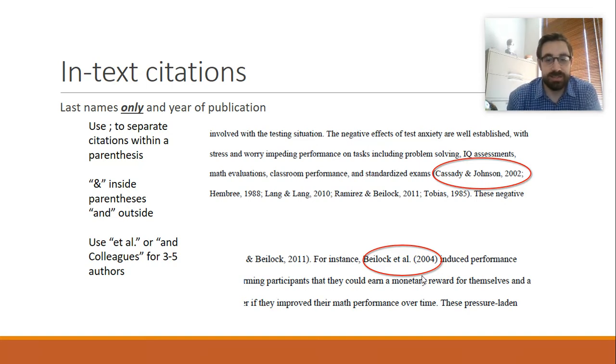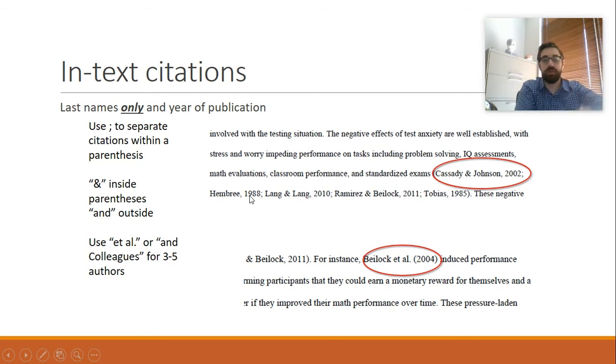Inside the text like this, you're going to use last names only and the year of publication. So you have some examples here on this page. You have Cassidy and Johnson, inside parentheses, comma 2002. Or you have Bylock et al., 2004.